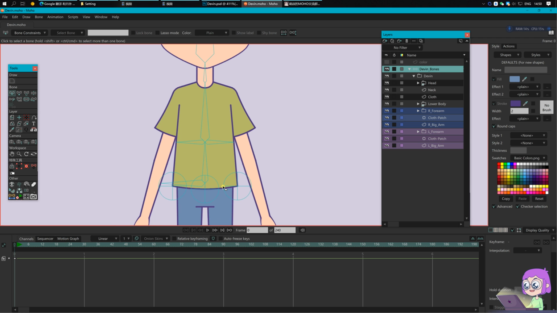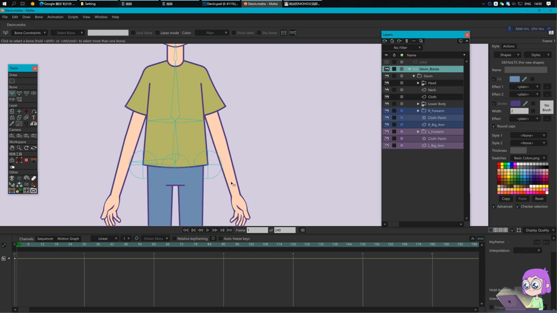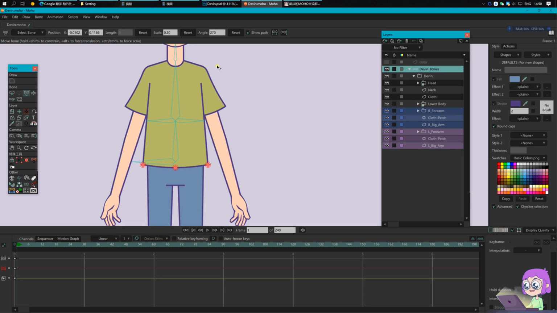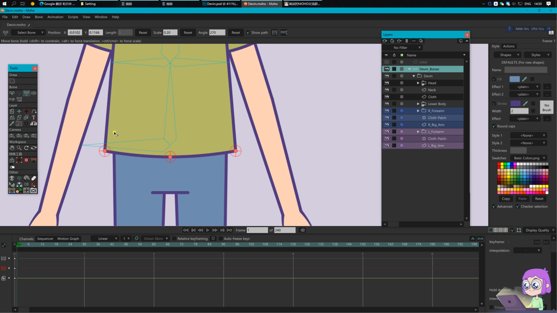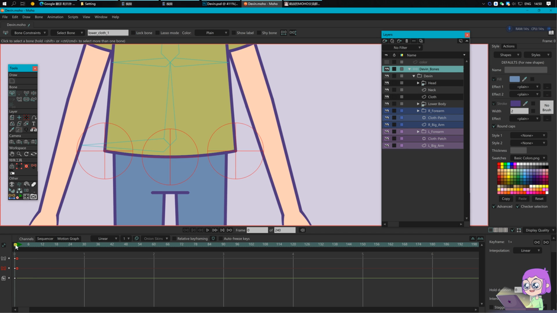The point bones are so big, but in Moho, the point bone cannot scale on frame 0. I will go to frame 1 to scale these point bones. Then select these 3 point bones. Copy and paste the keyframe of frame 1 to frame 0.